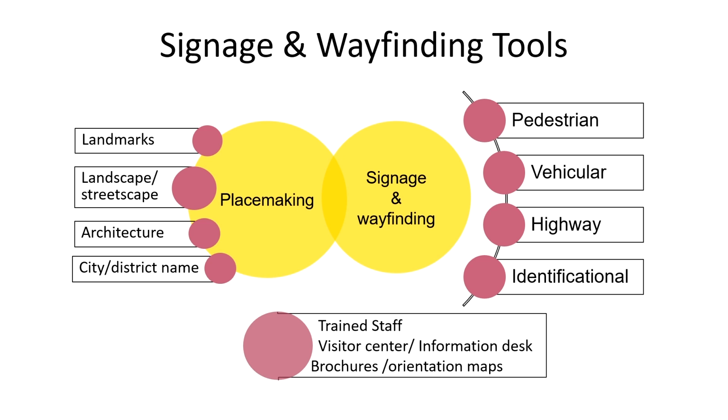Additionally, considering the linguistic diversity, multi-language signage is essential to ensure accessibility for all residents and visitors. Clear and concise language coupled with universally recognized symbols further enhances readability and comprehension, making navigation effortless for everyone.